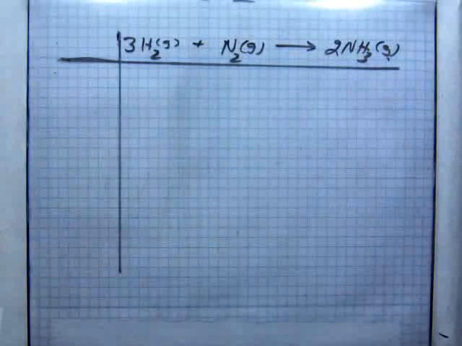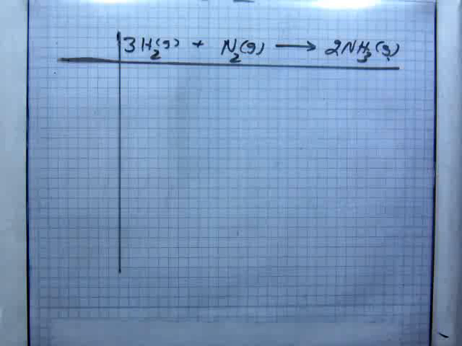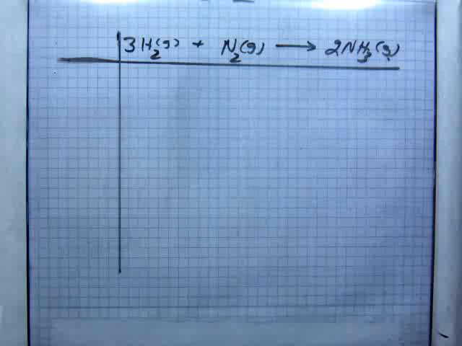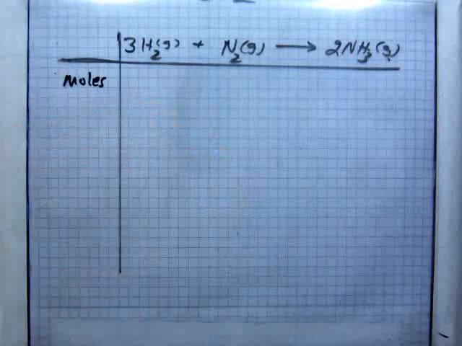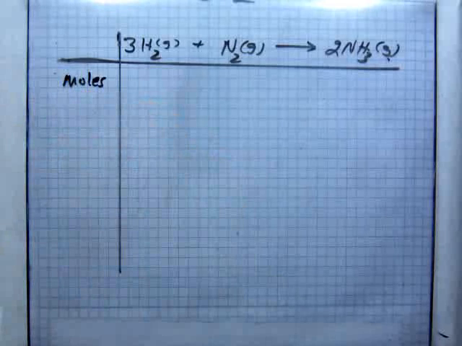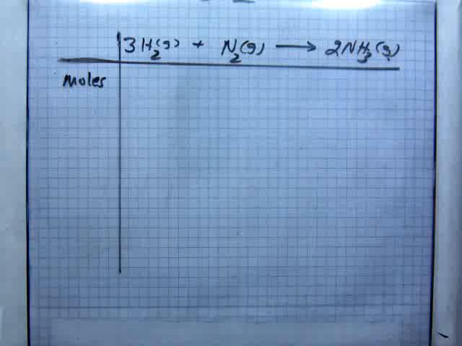Okay, what can you calculate? And you can read it as closely as I can. Moles, mass, particle numbers, gas volumes, energy value, and solution phase reactions. That's what you can get out of a chemical equation. Moles is the first one. Well, when you look at the equation, the coefficients of the balanced equation represent the moles of substance you have.